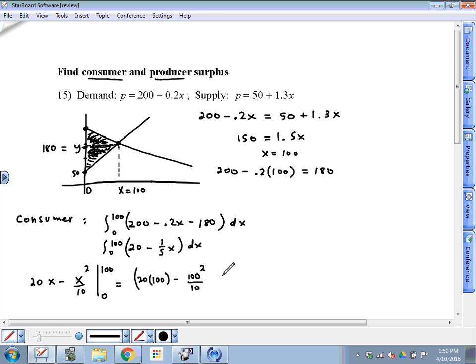That's the antiderivative of the upper bound. Then we subtract the antiderivative at the lower bound. Plugging a 0 in for both x's is going to yield 0. 20 times 100 is 2,000, and then 100 squared is 10,000. 10,000 divided by 10 is 1,000. So the consumer surplus is $1,000.